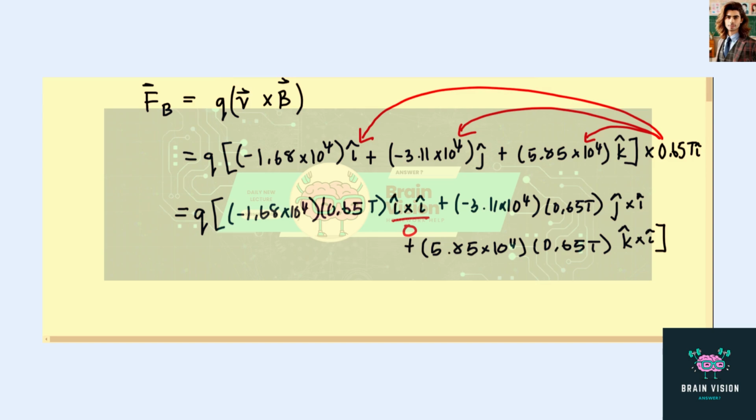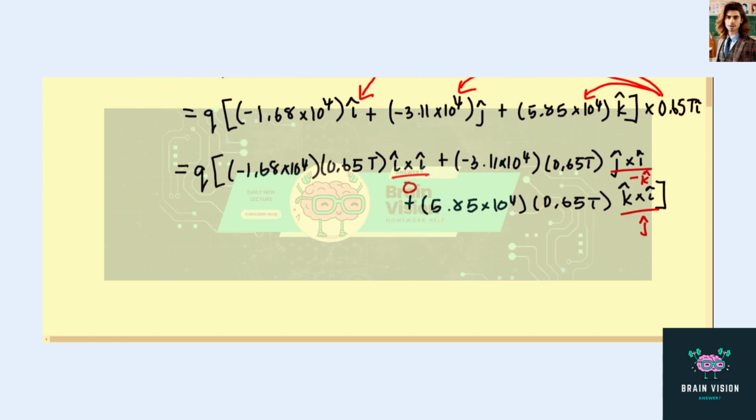So let's see, that's going to give us a negative k hat. And then k hat cross I hat, that's z crossed into x, so that's going to be a positive j hat. If you haven't done the right-hand rule and cross products in a while, I would recommend to review that.